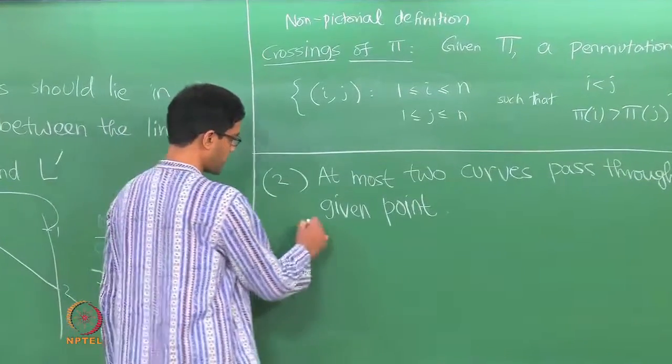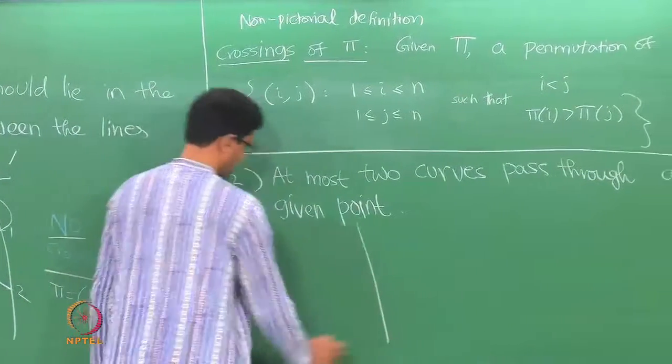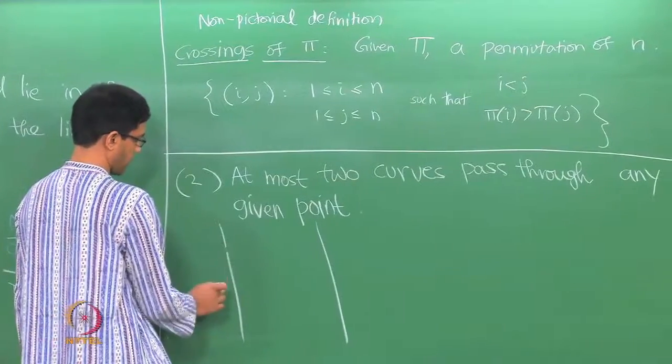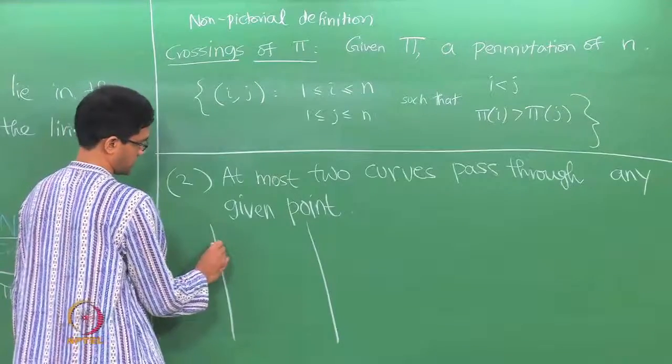The reason for this is, well, this is not too important a rule, but the reasoning behind it is that it makes counting crossings much easier.